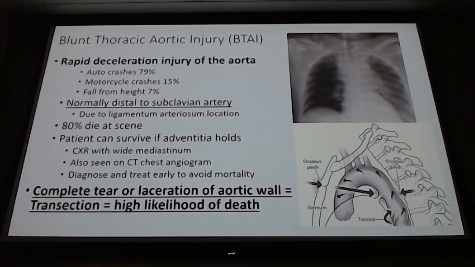But most of the time, if you have that much force, it's most likely going to go all the way through, which is why we don't see them too much in the hospital because they're dead on scene. So yeah, complete tear, laceration of the aortic wall equals transection equals high likelihood of death. Very unlikely that they'll get to us in time.